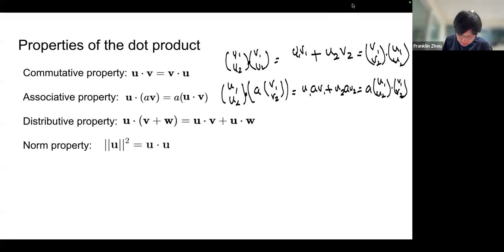This distributive property is also pretty straightforward. It's just a lot of computation.